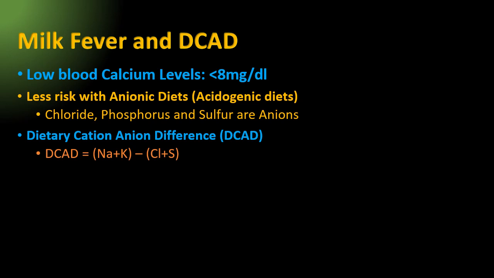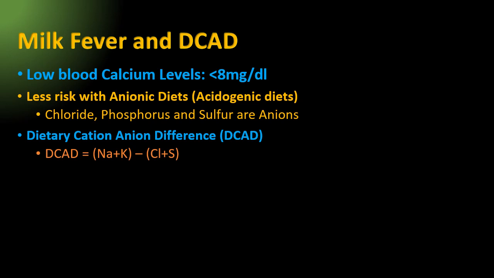Milk fever is usually caused when the ration is alkaline in nature, whereas the acidic ration tends to prevent milk fever. So when animals are fed acidic rations, it causes an increase in calcium mobilization from the bones, and it also stimulates the parathyroid hormone functions, so that protects the animal during early lactation.